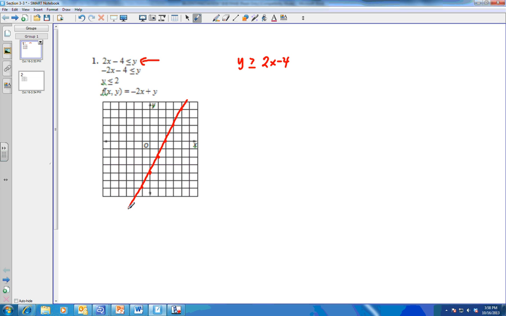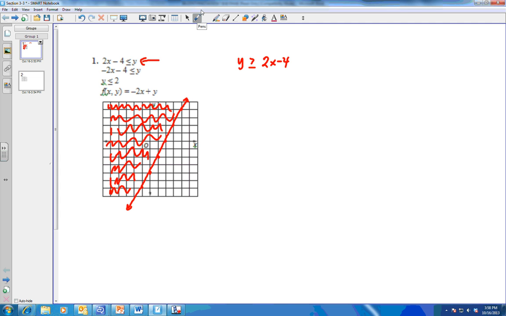I'm trying my best to be accurate. And I'm going to graph above because it's greater than. So when you're doing this on paper, you want to very lightly shade in above this graph, because just like before, we want to see what's intersecting with all of our shaded regions. And this time we're going to have 3, not just 2.